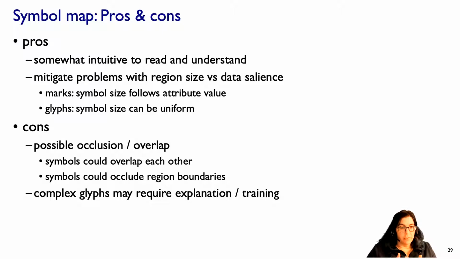What's not perfect about these? Well, as we saw, there can be occlusion or overlap. So the symbols could occlude each other, or the symbols could also occlude region boundaries, which can sometimes be a problem if you really need to understand extents. And of course, if your glyphs are complex, that actually might require explanation or training.